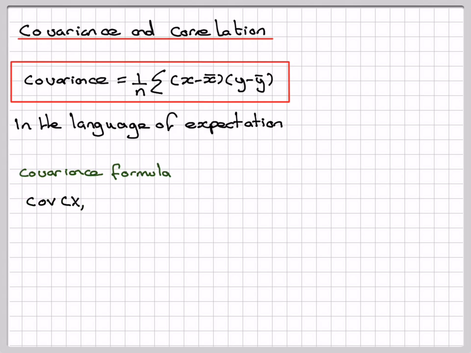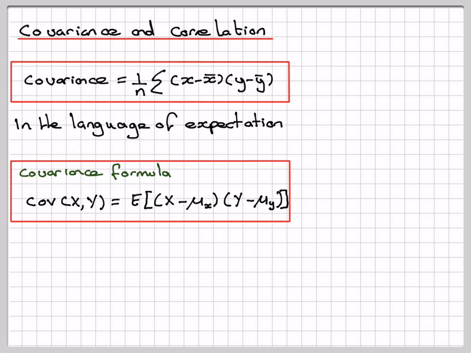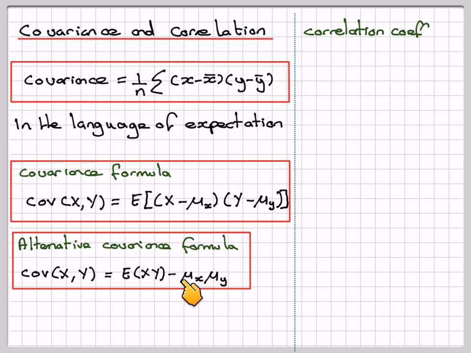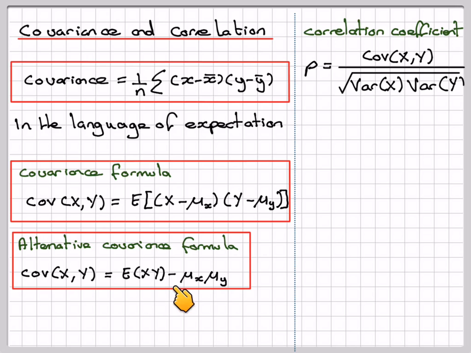It's the same formula, but using expectation. This formula is not very useful to use. It's far better to use this one: the alternative covariance formula. The covariance of xy is E of xy minus the mean of x times the mean of y, which is a much more useful formula.